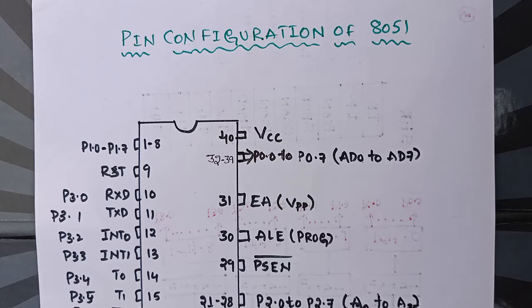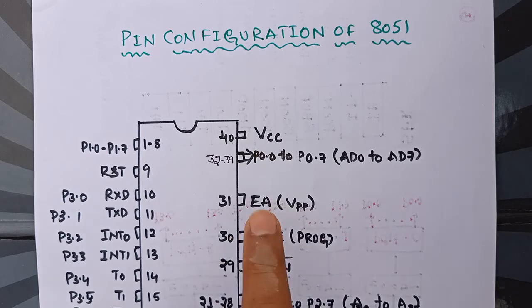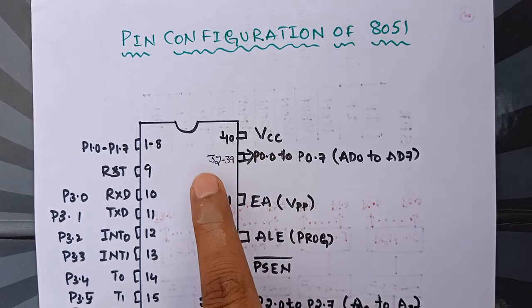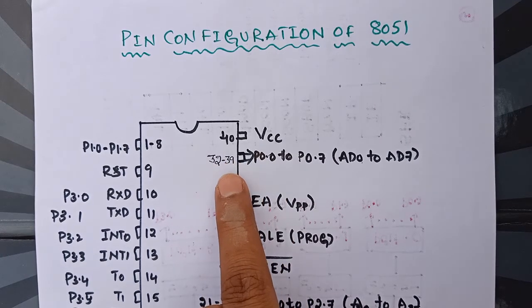And the remaining pins we are splitting with respect to the parallel IO ports. Four IO ports are there in 8051, that is P0, P1, P2 and P3. P0.0 to P0.7 are the 8 port pins, that is pin number 32 to 39.